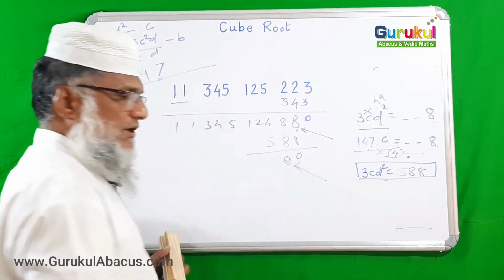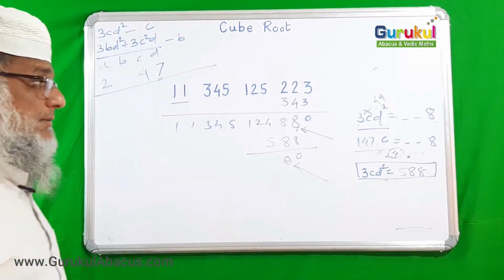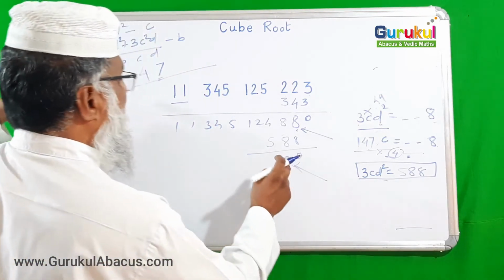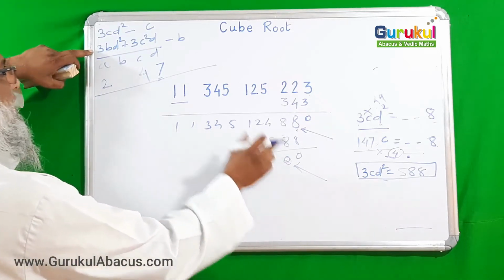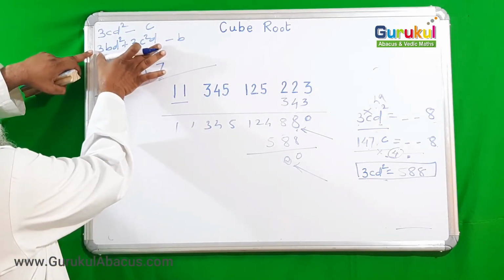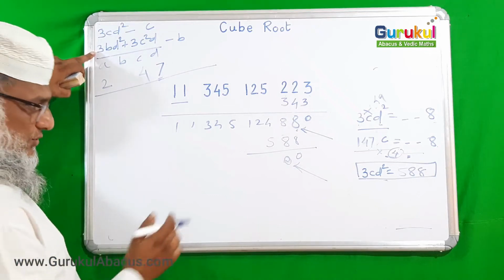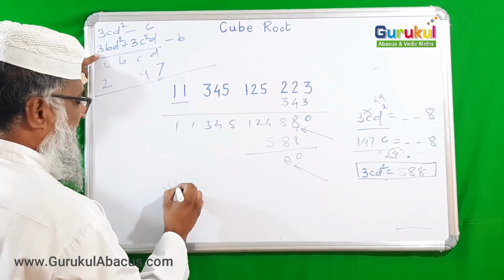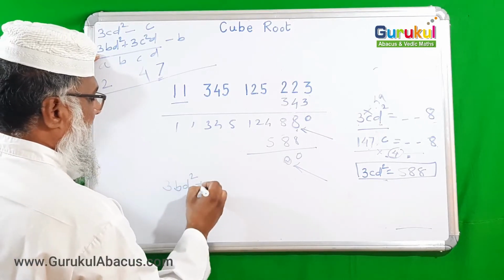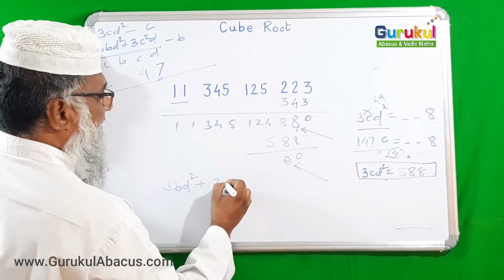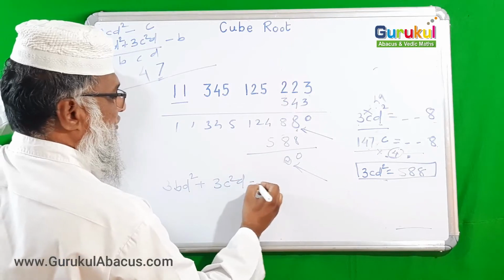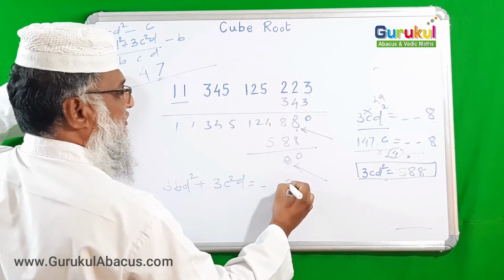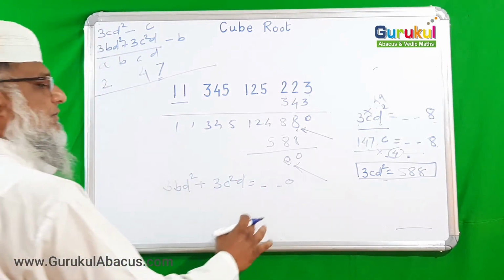This 0 is important for us because this 0 is the ending digit of the value of our next term. So here I will write firstly 3bd square plus 3c square d. Actually it is not equal to 0.